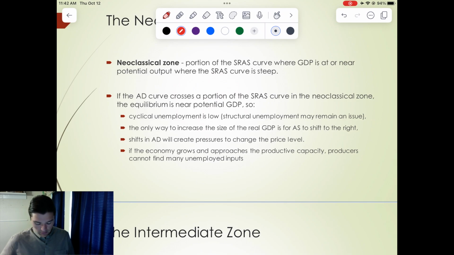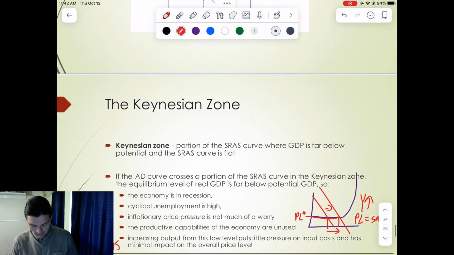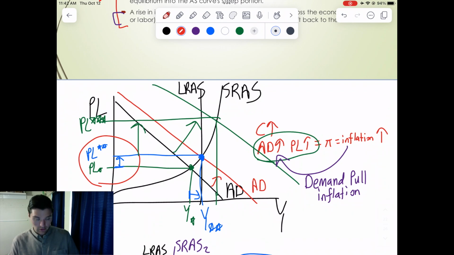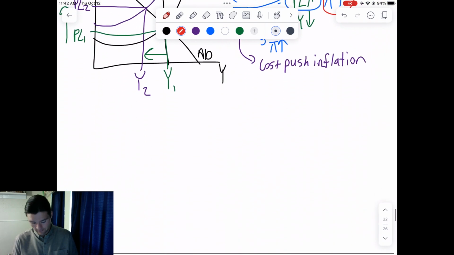The only way to increase the size of real GDP is to shift the supply curve to the right. So if you wanted to make more things, you need to find a way to increase the supply. Increases in the aggregate demand will create pressures on the price level. So as we saw here, where we increase the aggregate demand in the green, in the steep portion, this will put price level higher.